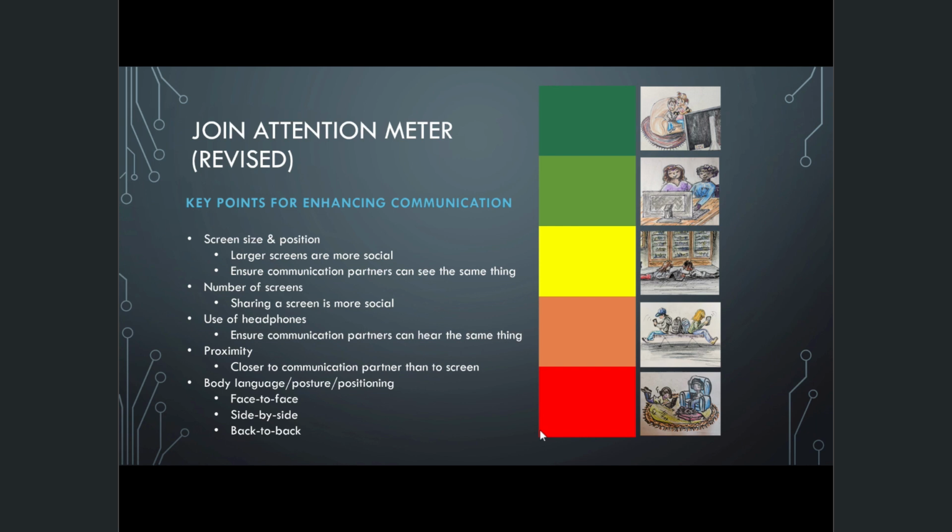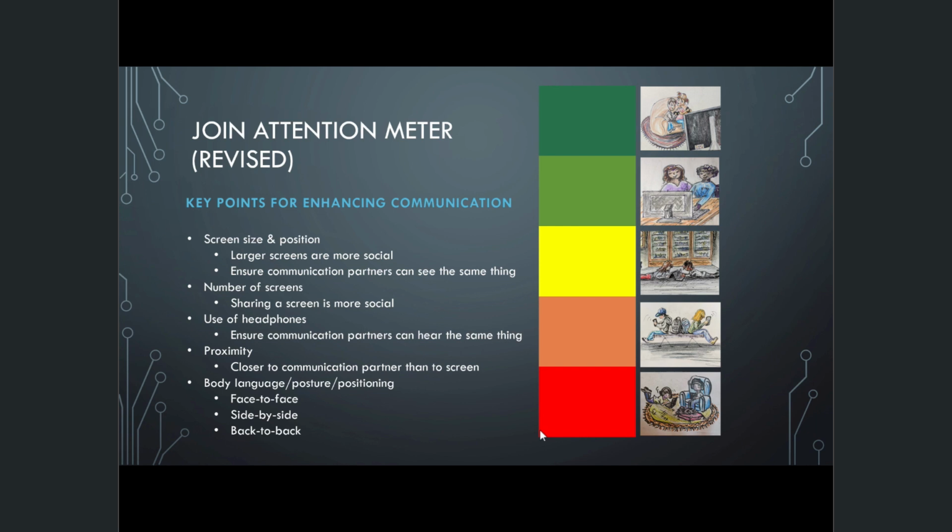You'll notice that this time I have made sure there are 2 people in each illustration. The idea is to show the impact the screens can have on communication with those present. So what the tool tries to do is create a spectrum of the degree of social communication that's involved in different screen scenarios.